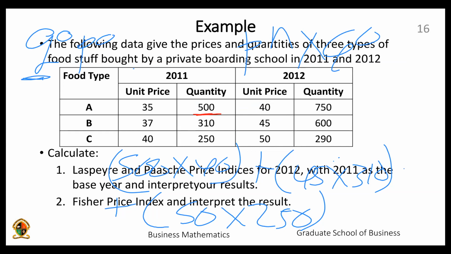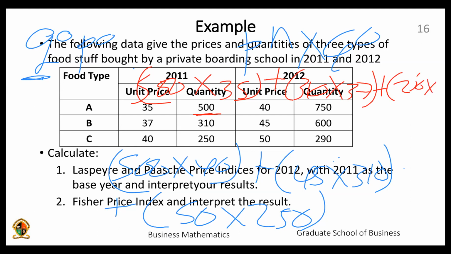So quantities for 2011 times the prices for 2011. So you have 500 times 35 plus 310 times 37 plus 250 times 40, like that. That's the Q naught, P naught. So you keep on multiplying.